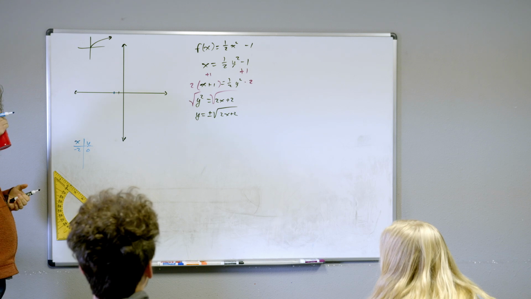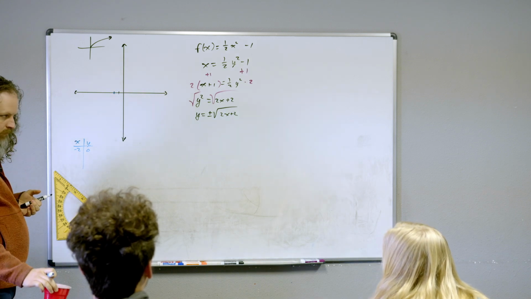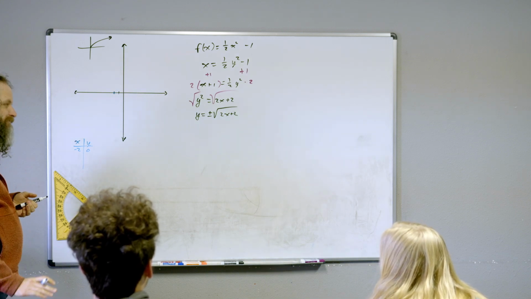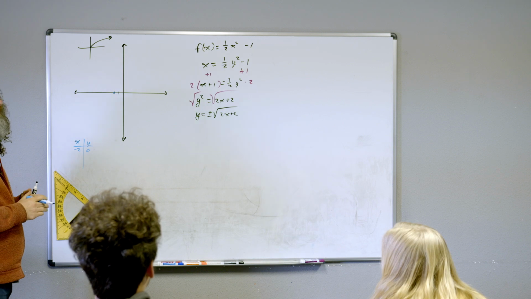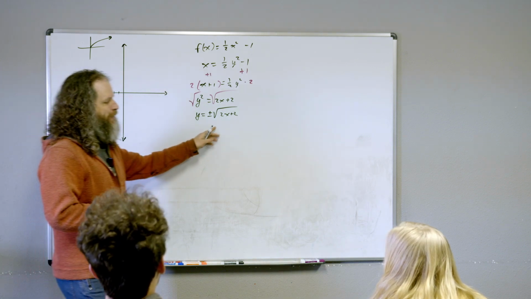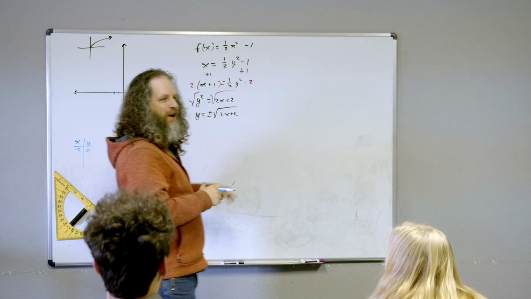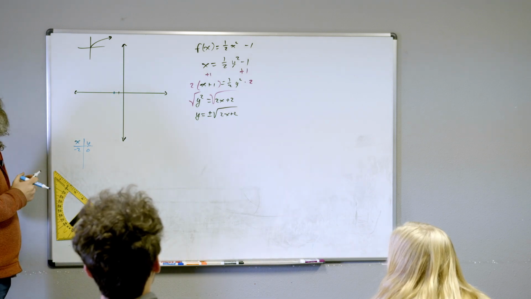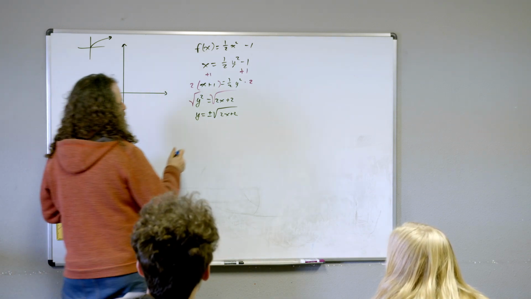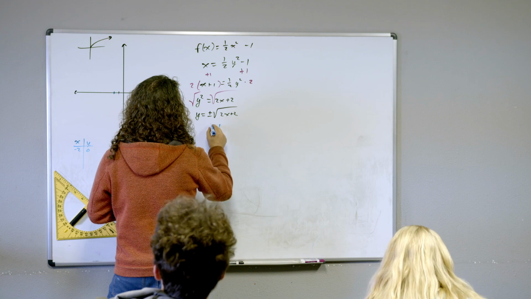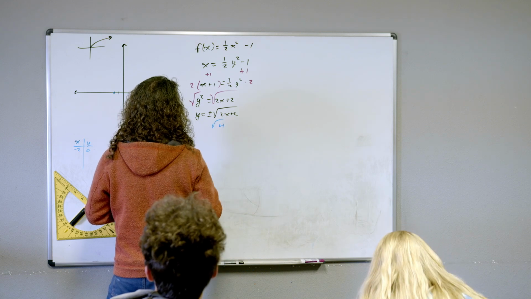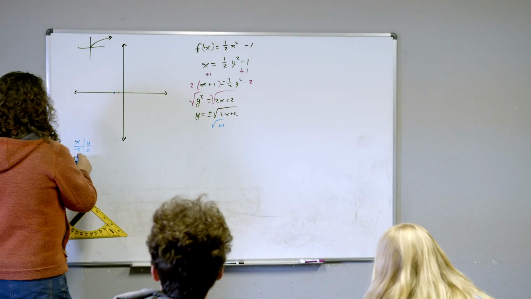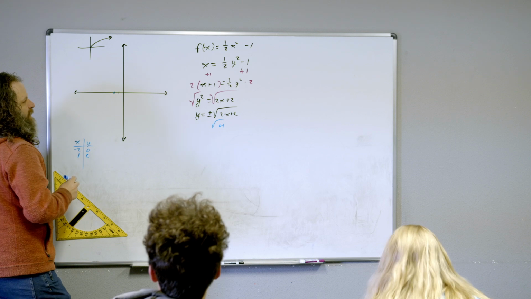Because 1 plus 1 is 2, and 2 times 2 is 4. And what is 4 that's relevant in this scenario? It's a perfect square. So we put a 1 in here and we get the square root of 4, which is 2. That's great.